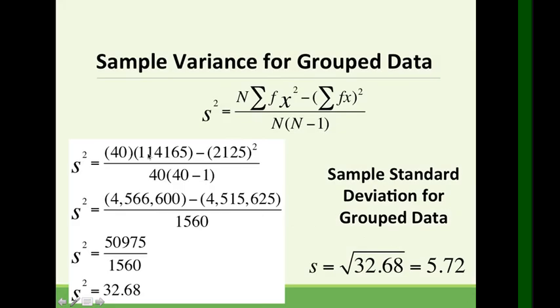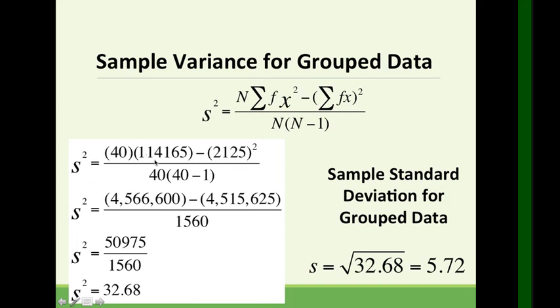So, ito yan. And then minus quantity summation of f of x is 2,125 squared, over n quantity n minus 1. 40 minus 1 is 39 times 40 is 1,560.